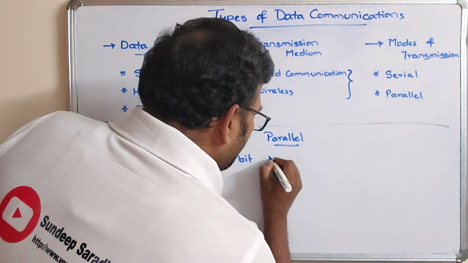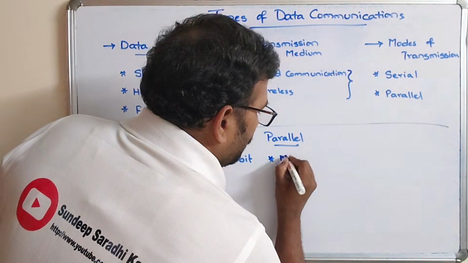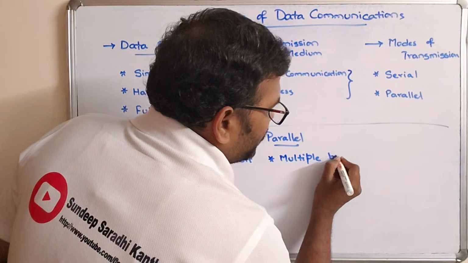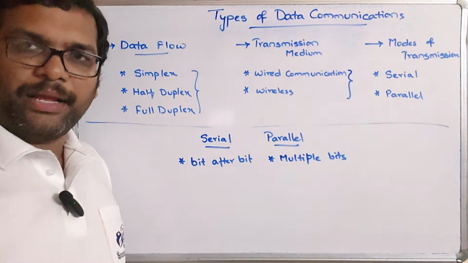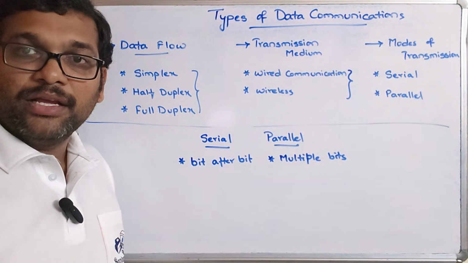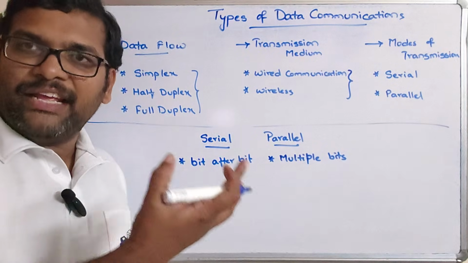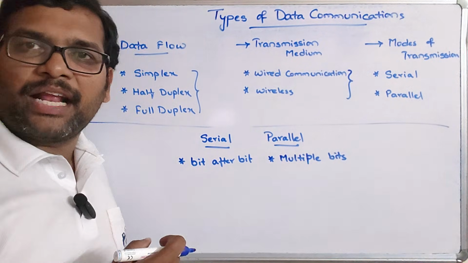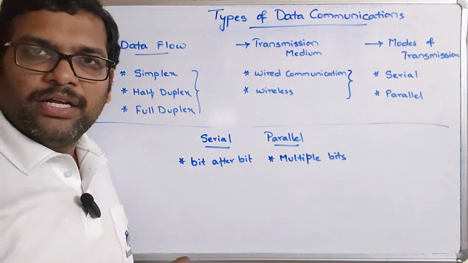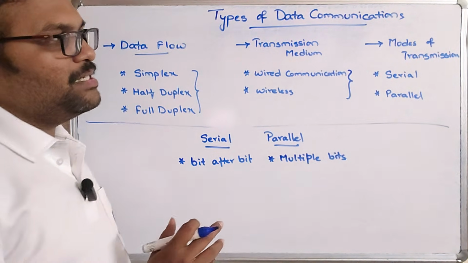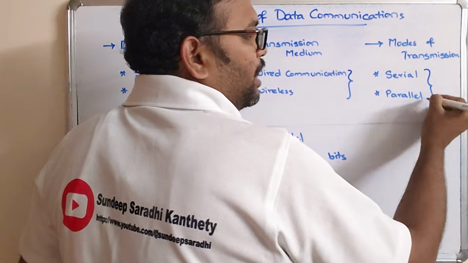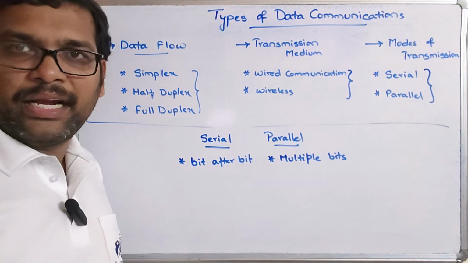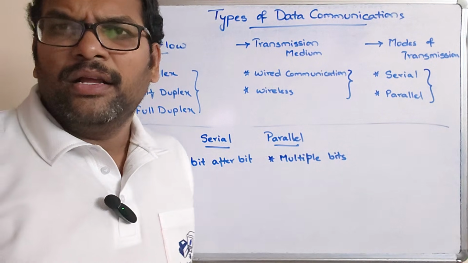But in parallel transmission, multiple bits can be transferred at the same time. So in serial only one bit is transferred at a time, and here multiple bits can be transferred at the same time. These two categories are the modes of transmission.